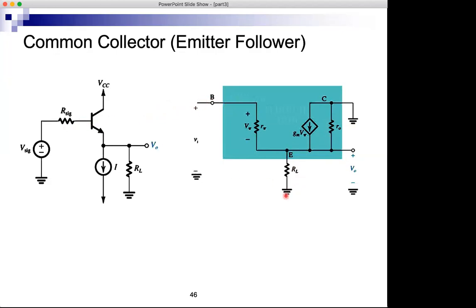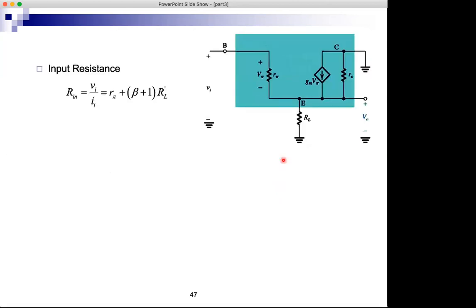And if you have a resistor between emitter and ground, then the resistance that you see would be R pi plus beta plus 1 times the resistance between emitter and ground. So we can directly use the rule to find the input resistance.